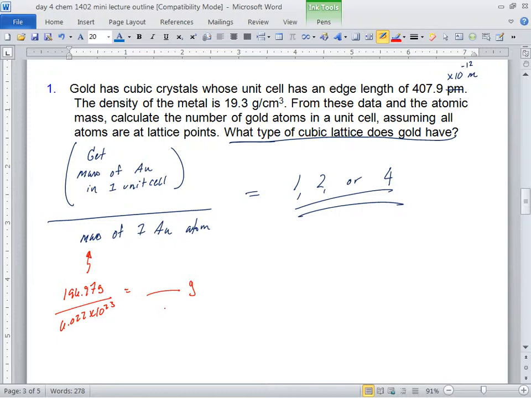Calculator. 196.97 divided by 6.022 times 10 to the 23rd. Now this is good practice for you. See if you remember how to do all this on the calculator, especially the scientific notation stuff. Okay, and if you do it right, you should get 3.27 times 10 to the negative 22.